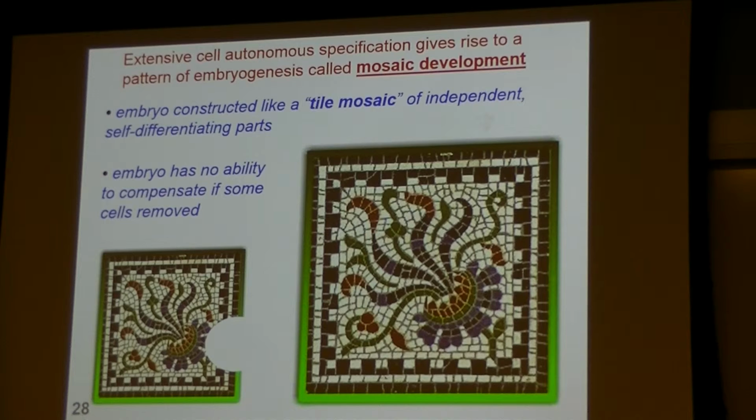So in C. elegans, if you take a laser and fry one of the daughter cells, such as the P4 cell, the other cells keep going and they make their normal number of progeny, but then that P4 cell is never replaced by the neighbors, and you lack a germline for that embryo. Okay, so mosaic development and cell autonomous lineage are two related concepts that go together frequently.